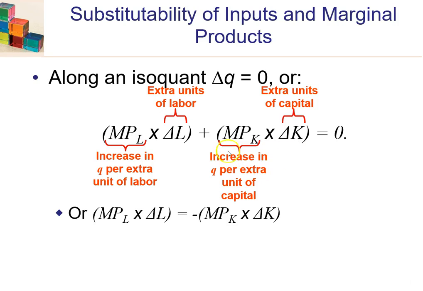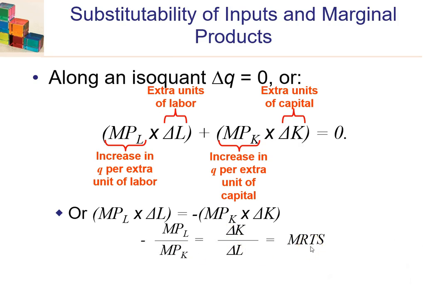So let's rearrange these and get MPK and change in K on the right side. So subtract both sides by that. And finally, let's group our marginal productivities together. Okay? Now we just do some rearranging. We get this ratio of MPL over MPK. This equals the change in capital over the change in labor, which gives us the marginal rate of technical substitution.